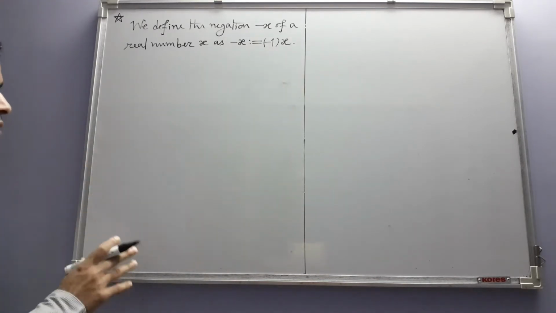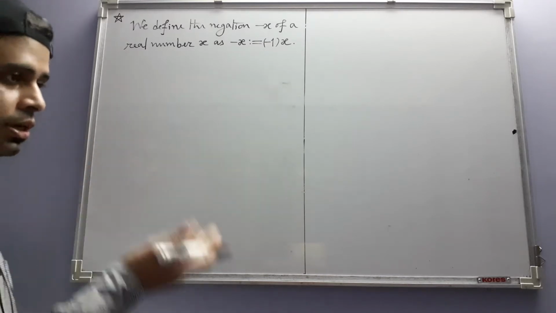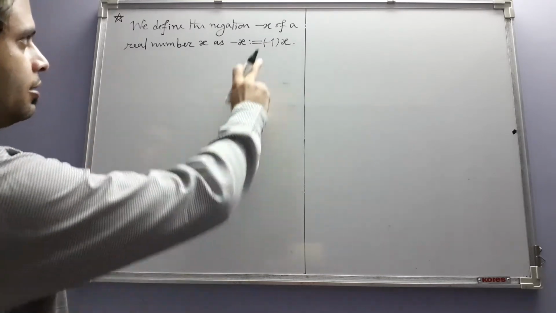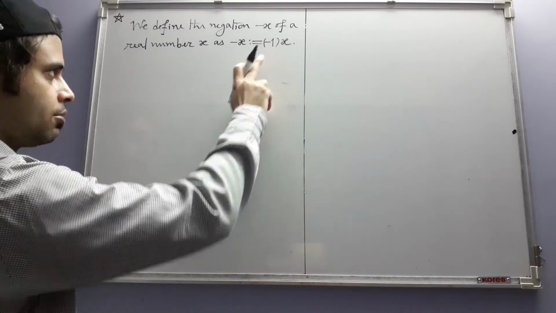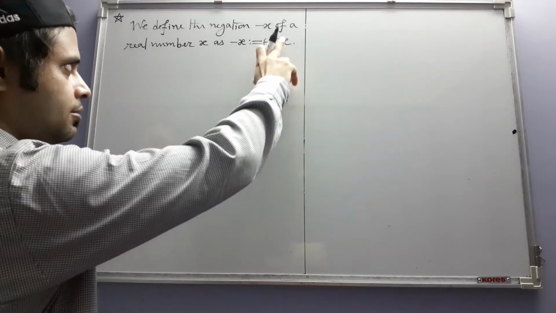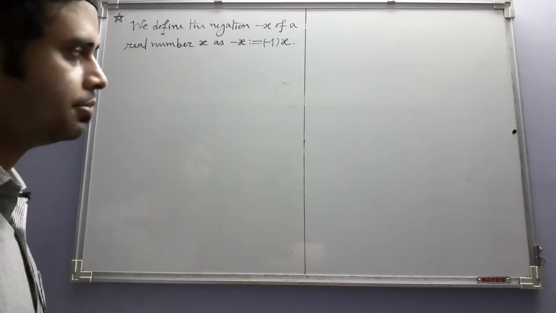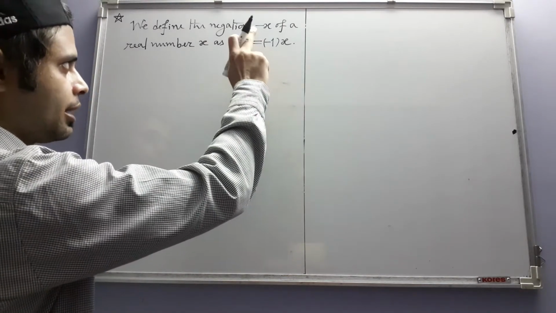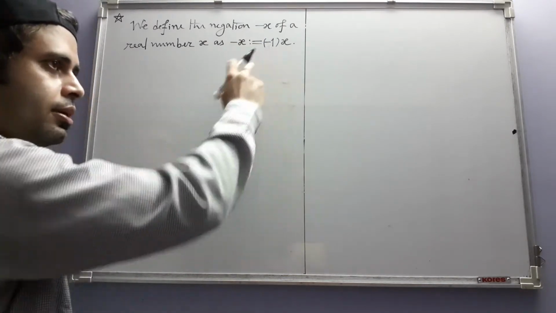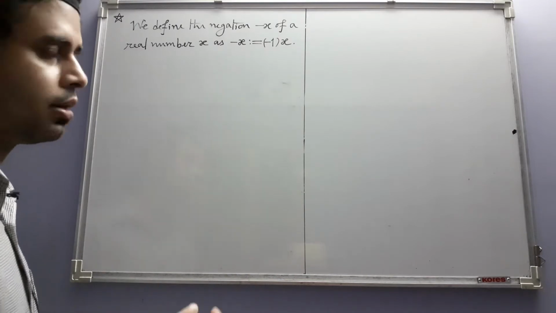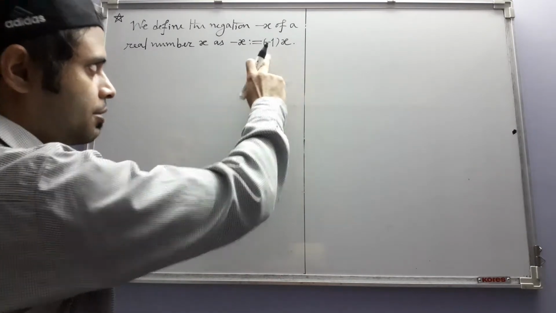But the reason we are defining this only now is that we have a way of identifying rational numbers as real numbers because of our embedding. So that's why you can think of this minus 1, which is a rational number, also as a real number, and that's why this product makes sense.